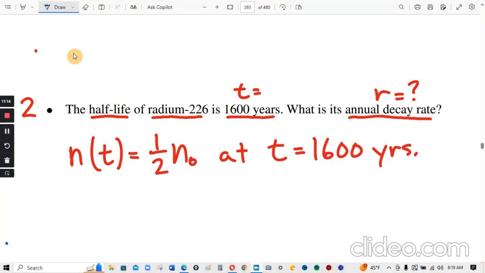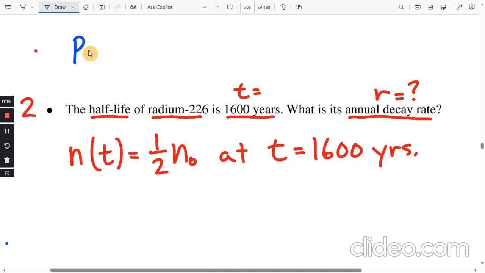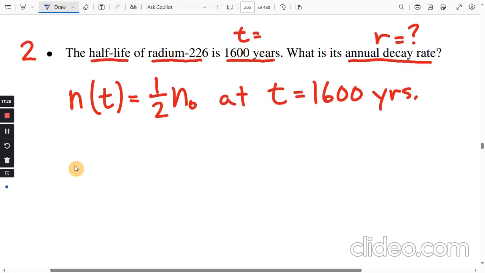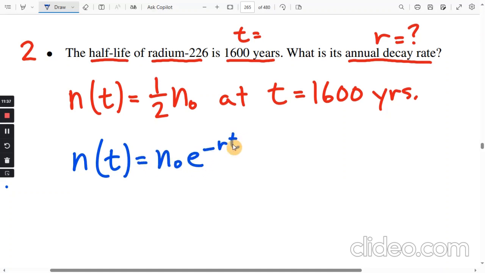So again, I'll just label it up top. This is a population decay. All right, the population or the amount is decreasing. So I'm going to use that formula, N of t equals n sub 0 times e to the negative rt.